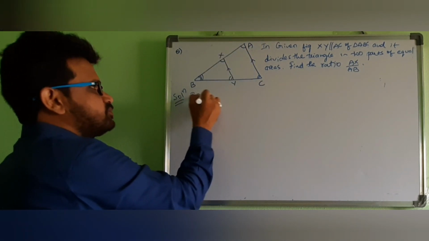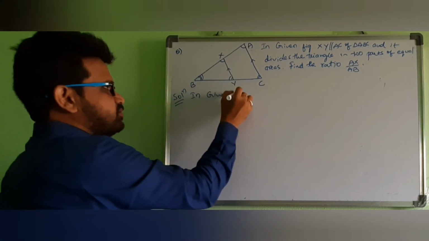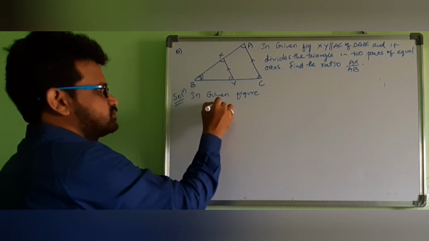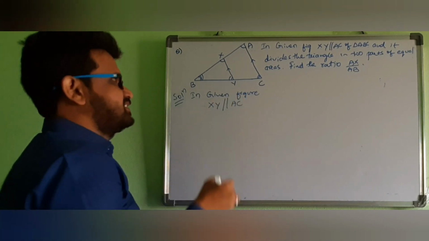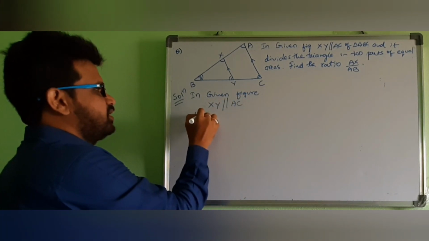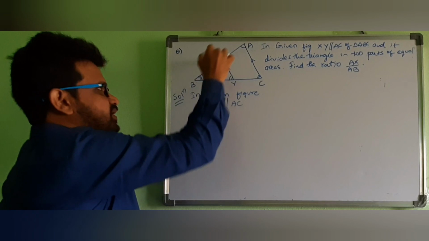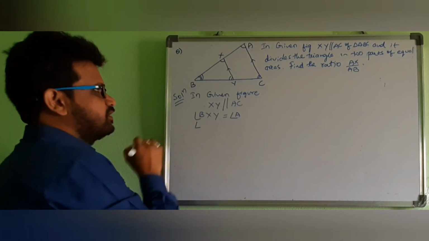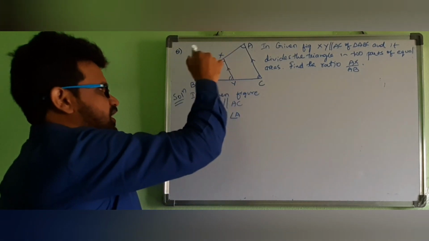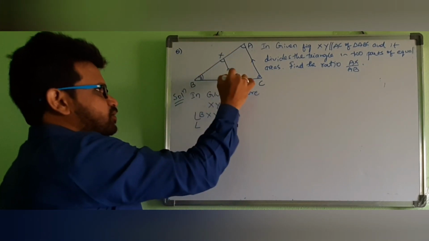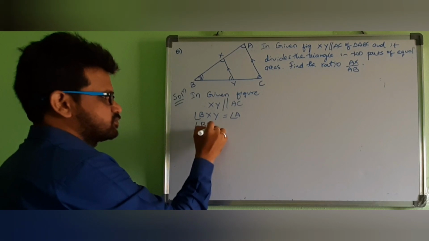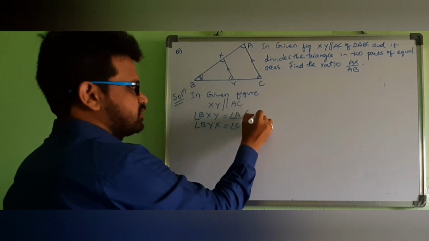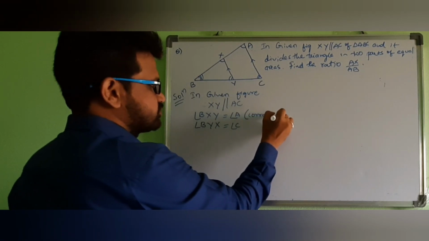So in the given figure, XY is parallel to AC. So angle BXY is equal to angle A, and angle BYX is equal to angle C. What is the reason here? Corresponding angles.